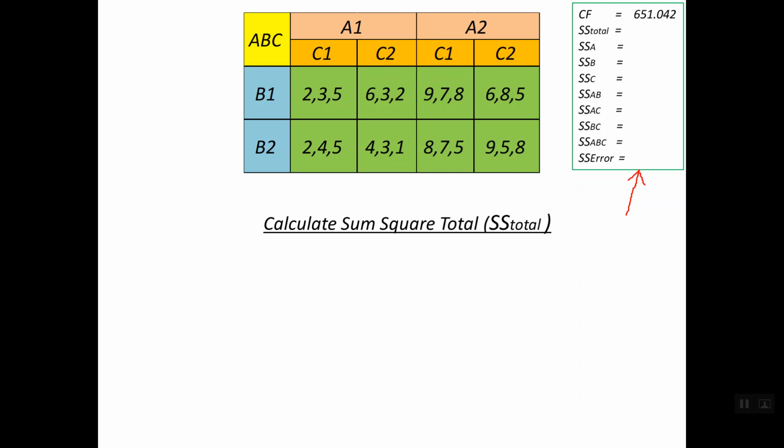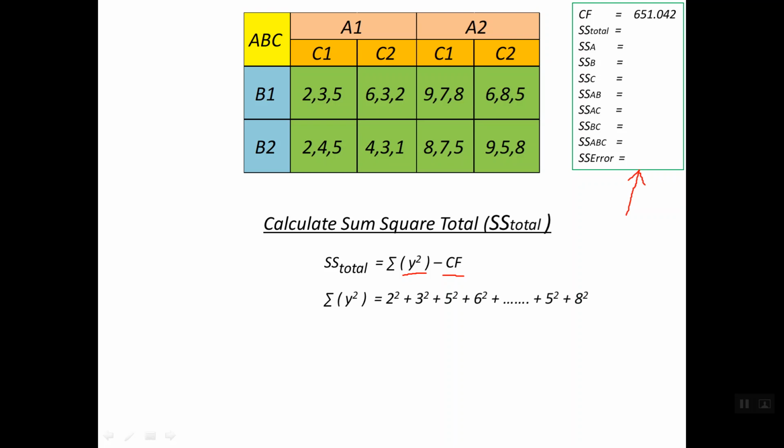Now we need to calculate the sum of squares total, or the SS total. The formula for the SS total is a very simple formula. It's equal to the summation of the squared observations, all the observations squared, minus the correction factor, which has been calculated already.